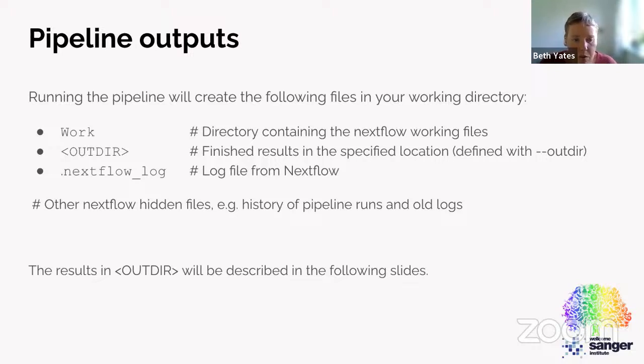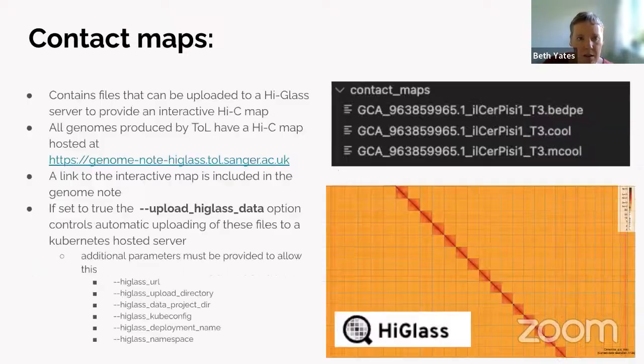You can have a look and see what commands were run, and you can find out if there are any errors with a step. The outdir will be where the results end up, which you can specify. And the Nextflow log is just general logging information. The results in the output directory are going to be described in the next slides.